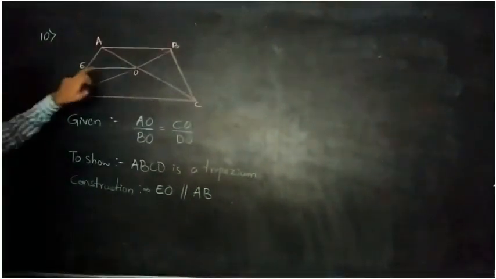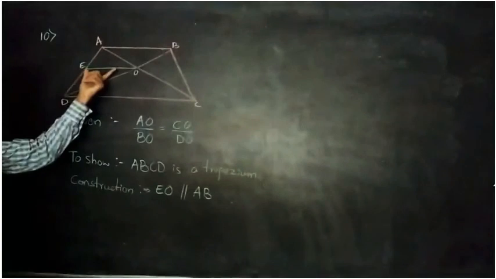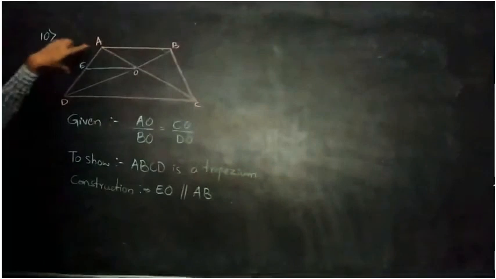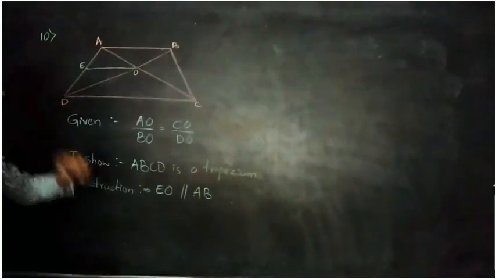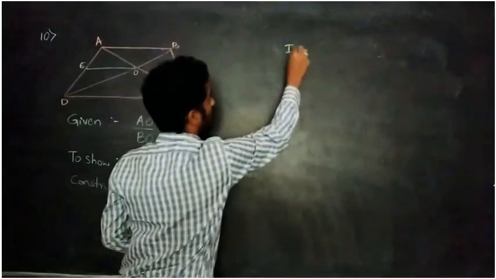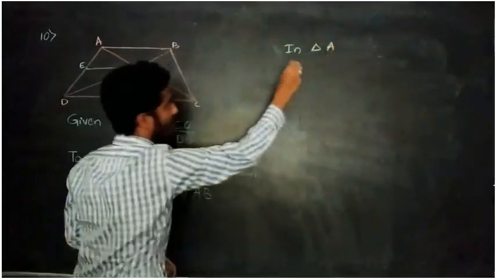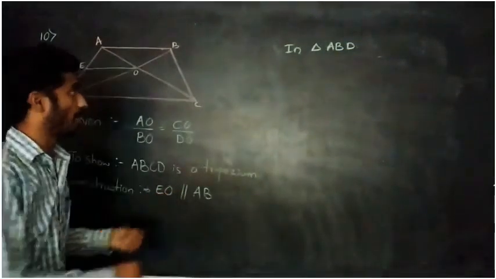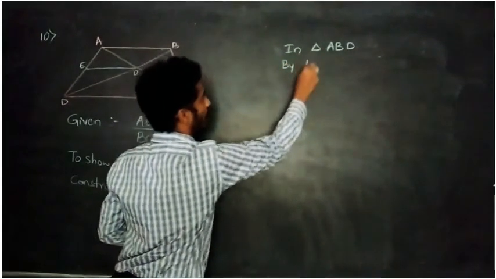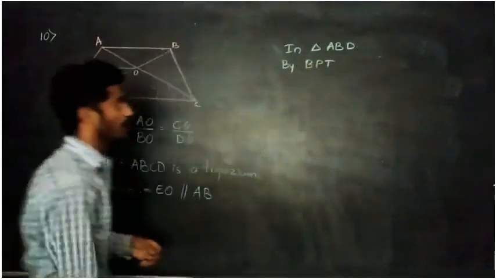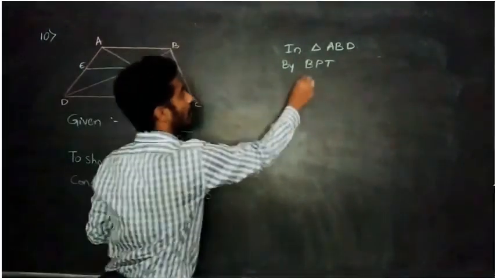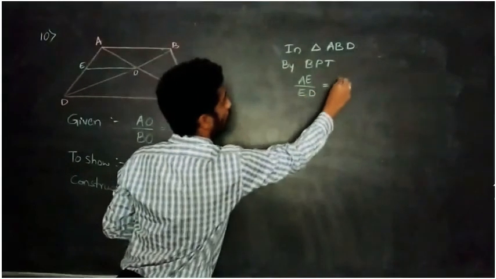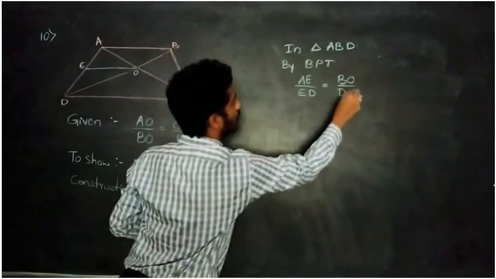If EO is parallel to AB, then it divides the two sides AD and BD in the same ratio. So in triangle ABD, EO is parallel to AB, so by BPT we get AE by ED equal to BO by DO.